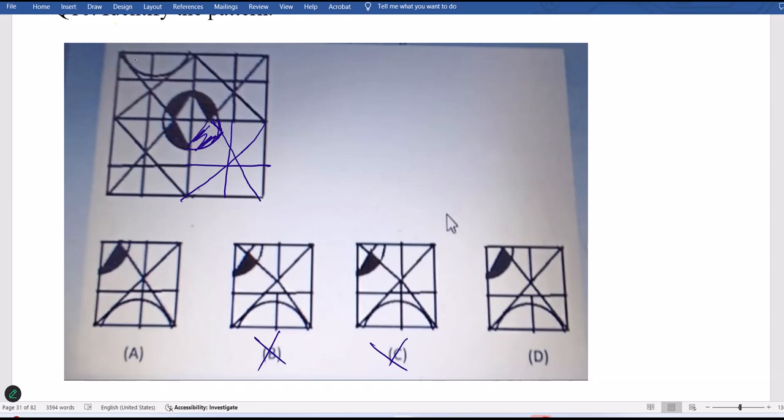Everywhere fine, but this circle, okay, here and here fine. So the difference is among A and D. Among A and D, this line, D is correct. Here we have that line.